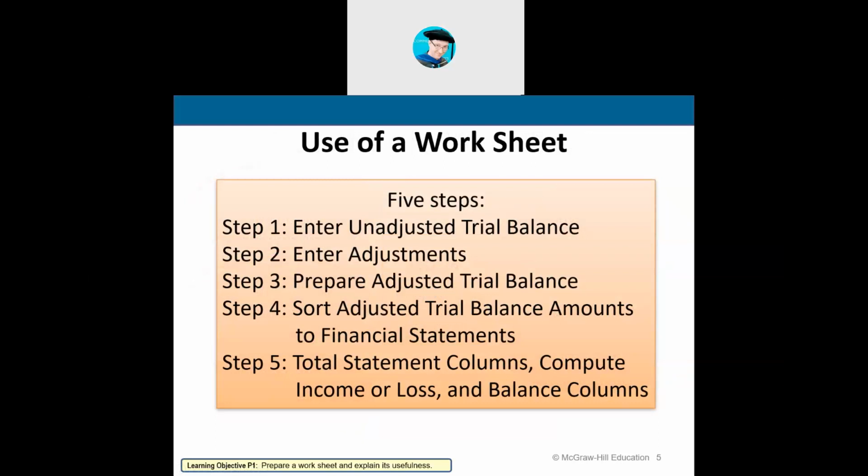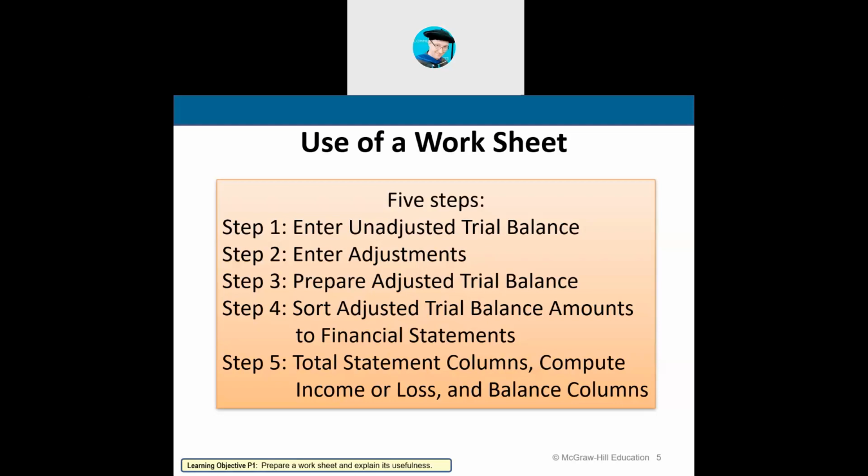I look at my unadjusted trial balance, which we talked about in chapter 3. We look at that before we make the adjusting entries, right? When we make our adjusting entries, we enter those into the adjusting column, and then we prepare the adjusted trial balance.